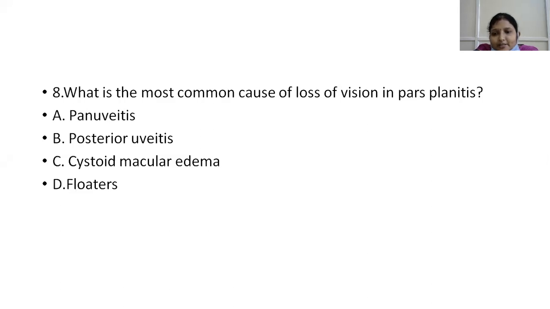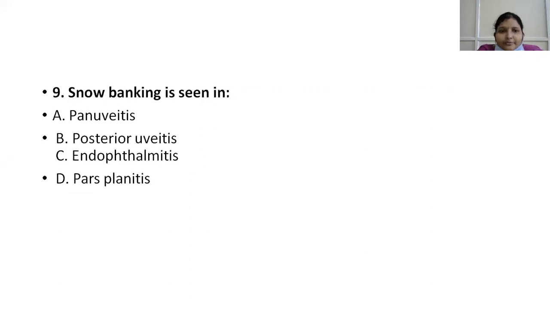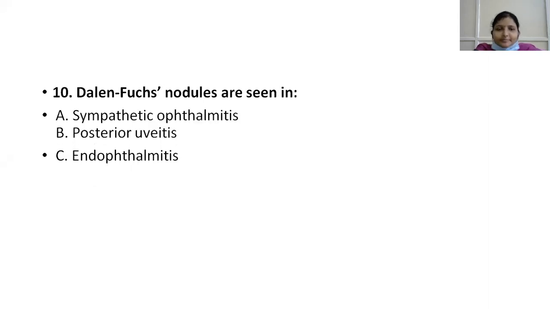In pars planitis, there is edema of the macular area leading to loss of vision. Next question. Snow banking. It is seen in panuveitis, posterior uveitis, endophthalmitis, or pars planitis. What is the answer? So the answer is pars planitis.